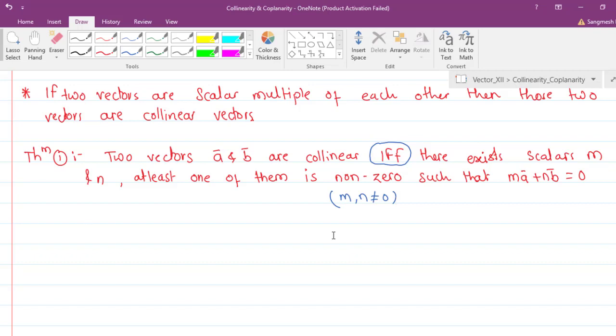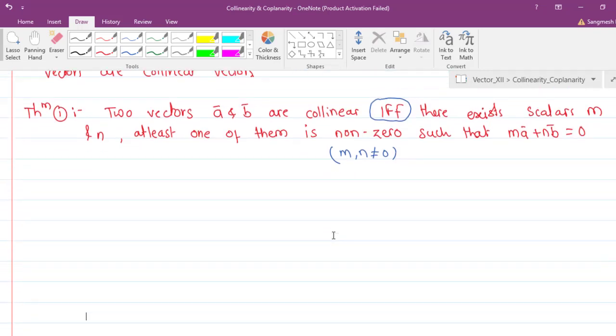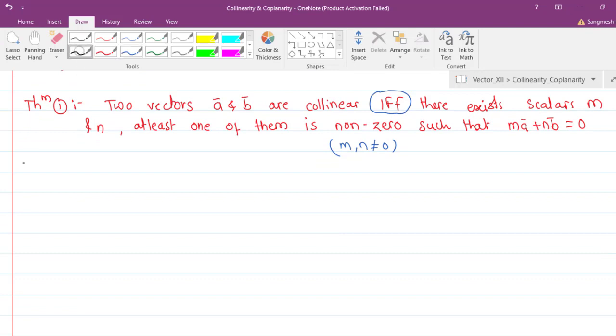Let's prove this. Proof. Suppose, assume let a bar and b bar are collinear vectors.